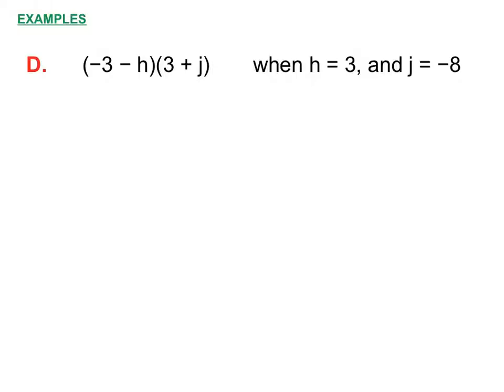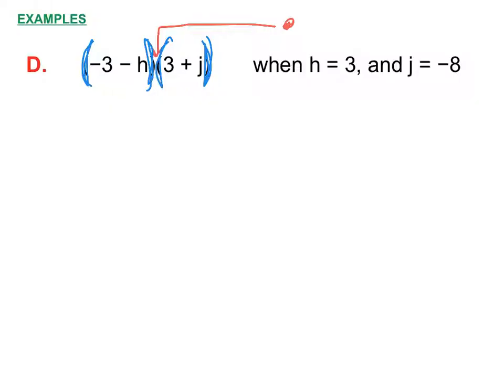So we have a set of parentheses around the negative 3 minus h. Then again, when we don't see anything, we know that right there is multiplication. So that's times 3 plus j. So we have a set of parentheses, and then we have another set of parentheses that we have to perform operations in before we do anything else.